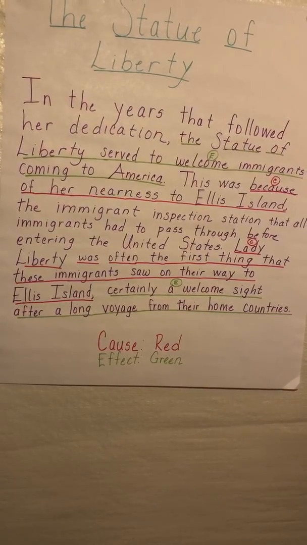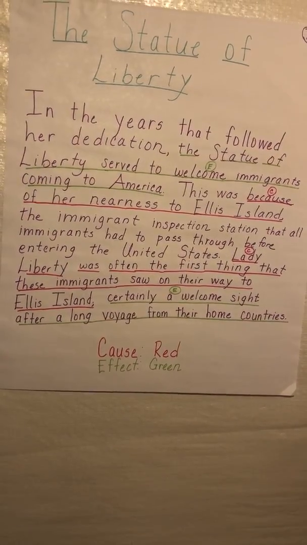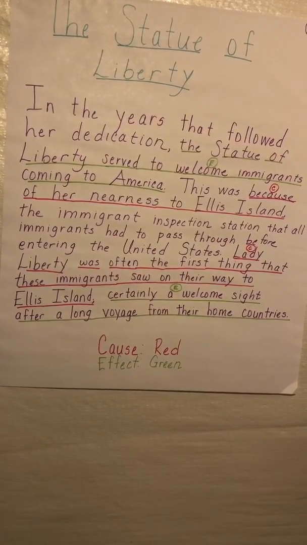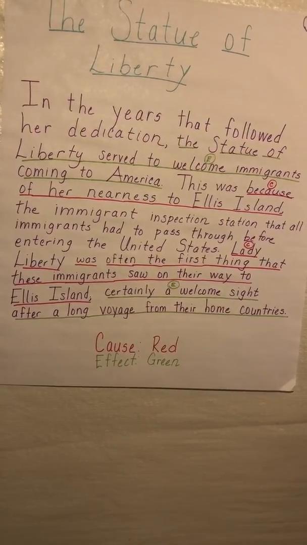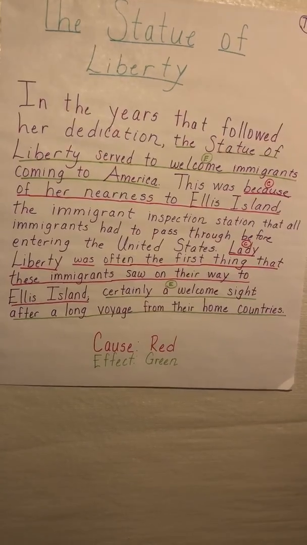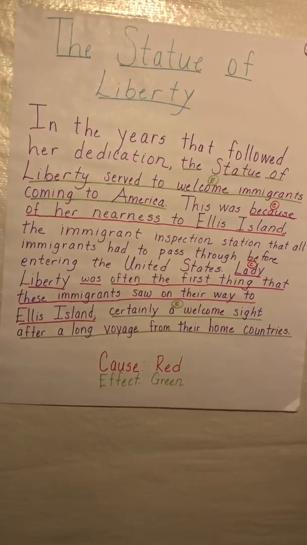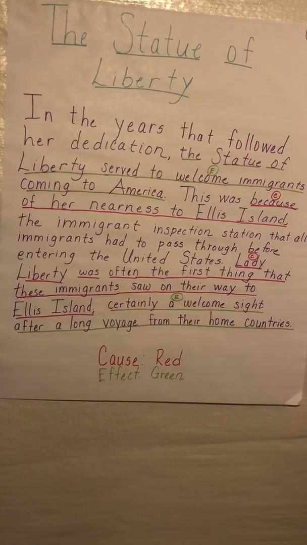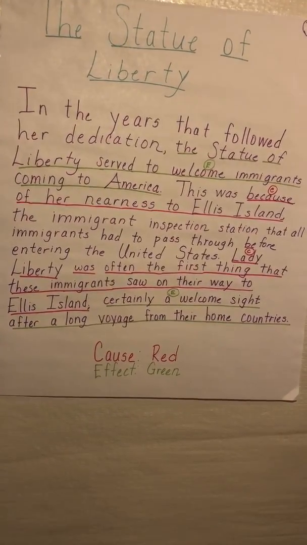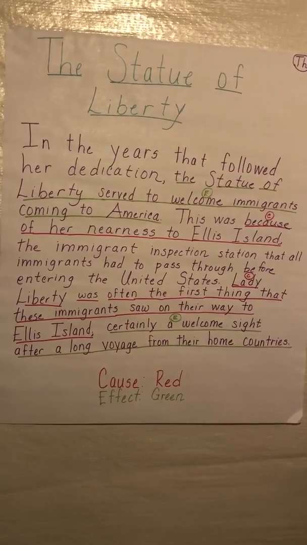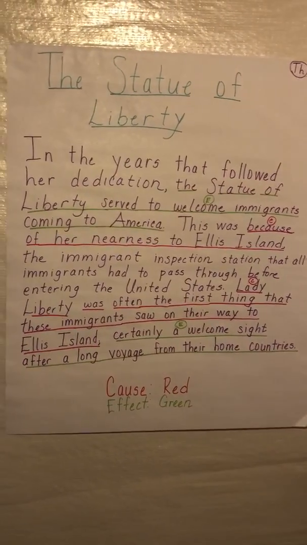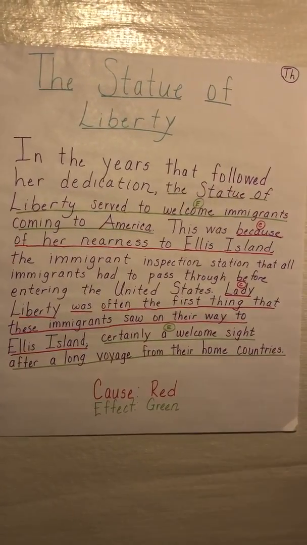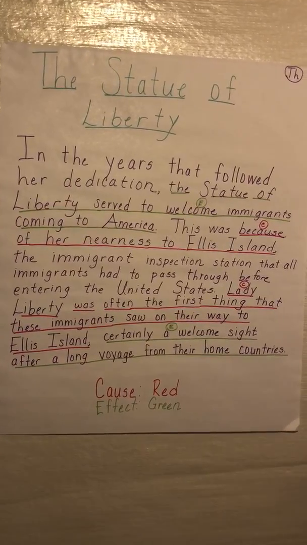And as a result, it became a welcome sight after a long voyage from their home countries. So they saw Lady Liberty, or the Statue of Liberty, another name for it. And as a result, they felt welcomed after their long voyage or trip to the United States. Okay, so this is just, like I said, another strategy you can use using colors.